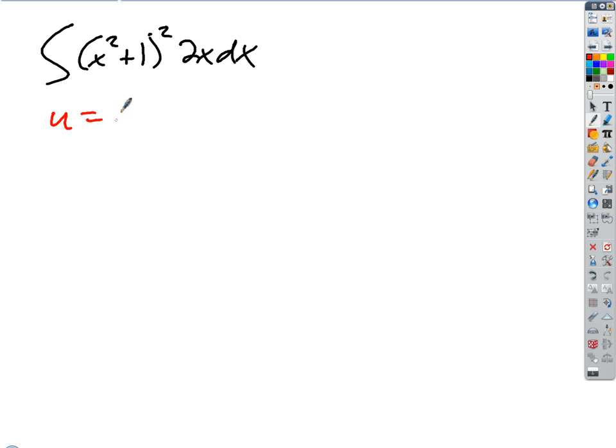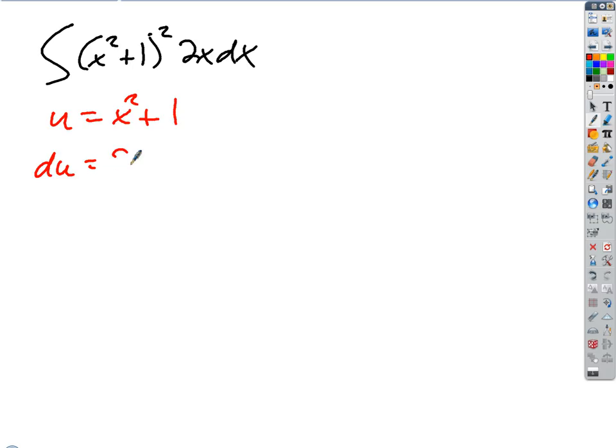What if u equals x squared plus 1? Now we've got to complete the substitution and see if our du also works. So what is du? The derivative of x squared plus 1: the derivative of 1 is nothing, right?